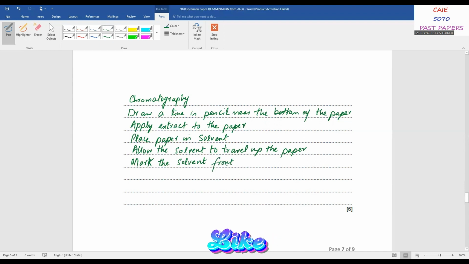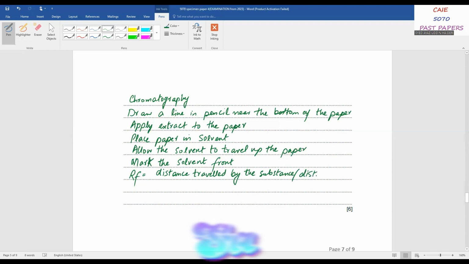Then you will obtain the RF value. So you have to write how you will obtain the RF value. RF can be obtained by dividing the distance traveled by the substance divided by distance traveled by the solvent.